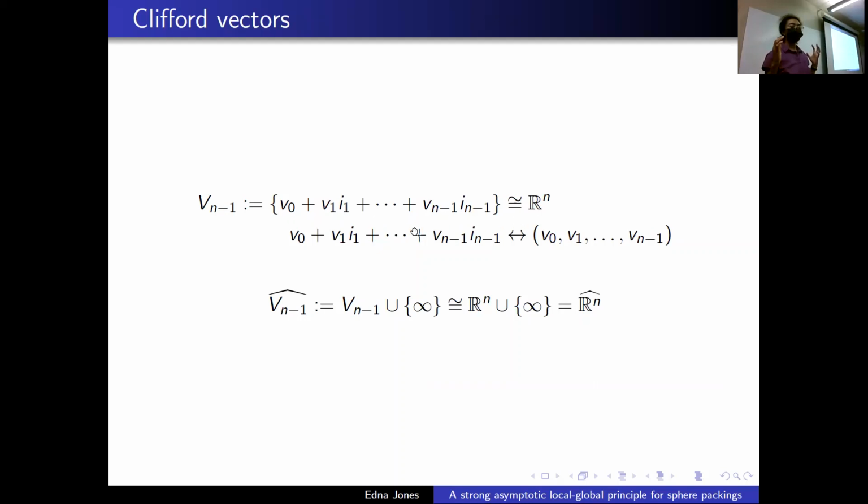And this set of Clifford vectors is isomorphic to R^n, and we can do the one point compactification here, by adding infinity to our set to get an identification with R^n hat. So this is useful because now we can have our Clifford algebra act on elements in R^n hat.